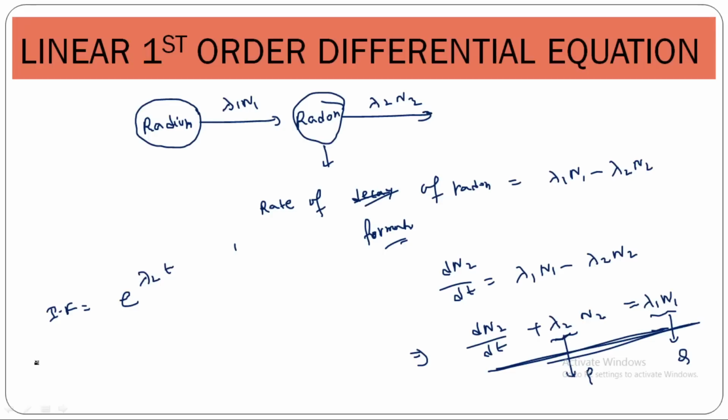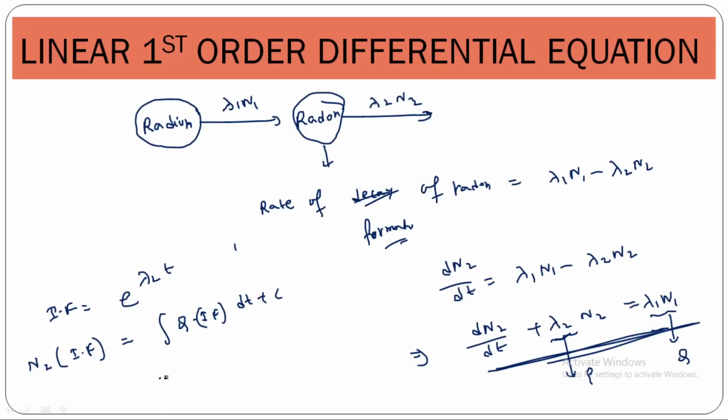Now the solution will be y into IF, that means here n2 into IF is equal to integration q into IF dt plus c. And your q will be lambda 1 n1, and n1 is nothing but n0 e to the power minus lambda 1 t.